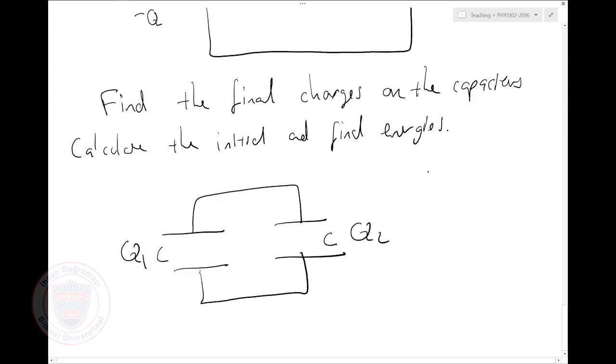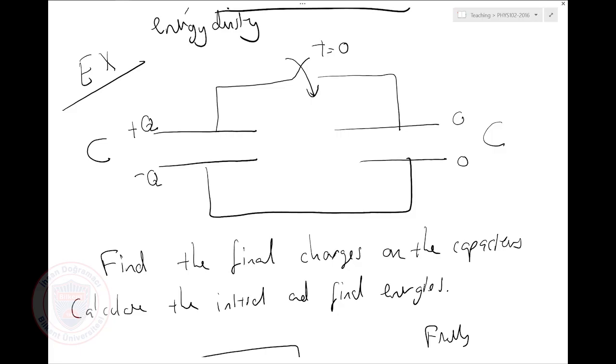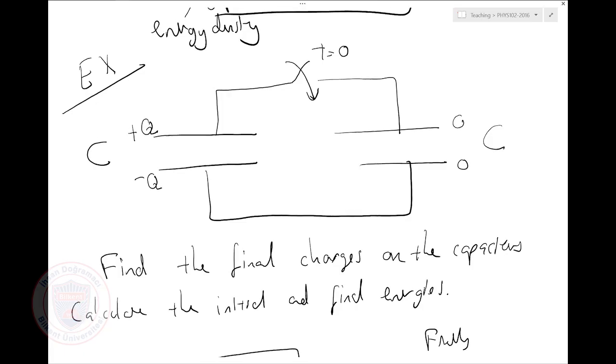So finally, Q1 divided by C must be Q2 divided by C, which means Q1 is equal to Q2. So finally, because these capacitors are equivalent, I actually have to have half of the charge in both of them. And why do I say half of the charge?